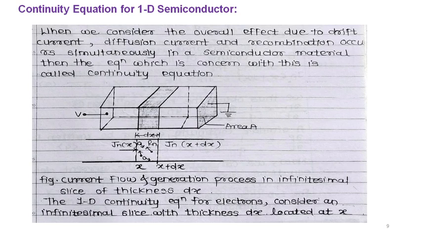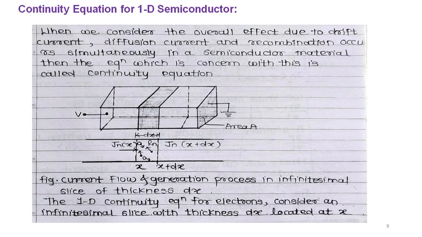Then we go to the continuity equation for a one-dimensional semiconductor. We are taking this continuity equation for the semiconductor because it is very important when we go to the device operation of the semiconductor material. Here we consider the effect of drift current and diffusion current, which we already went through in the diffusion process.